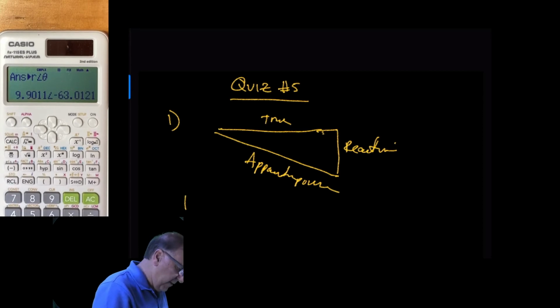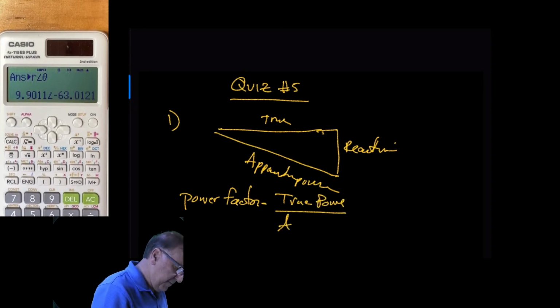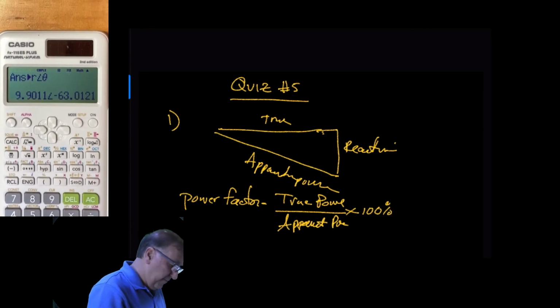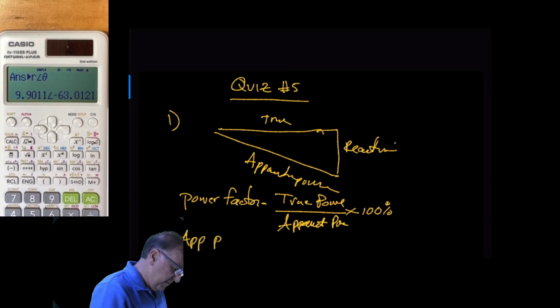The power factor equation, which you should write on your note card as well, is true power over apparent power times 100%. So apparent power can be only greater than or equal to true power.